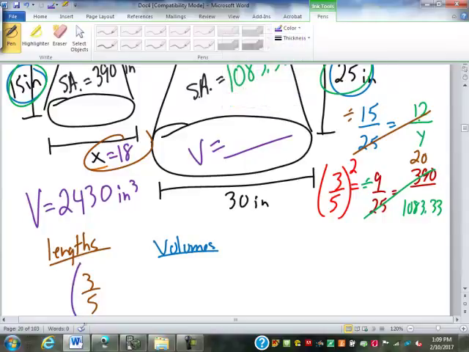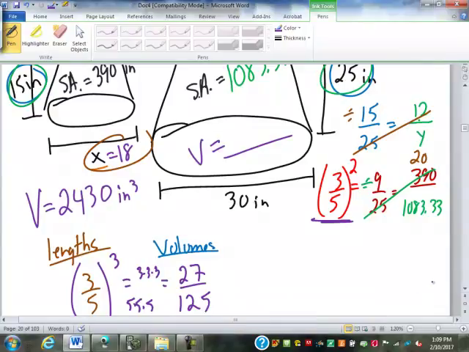Cubed, right? We squared it to get the areas, we're going to cube it. So 3 cubed is 3 times 3 times 3, which is 27. 5 cubed is 5 times 5 times 5, which is 125. So 27 over 125 is a ratio of volumes.